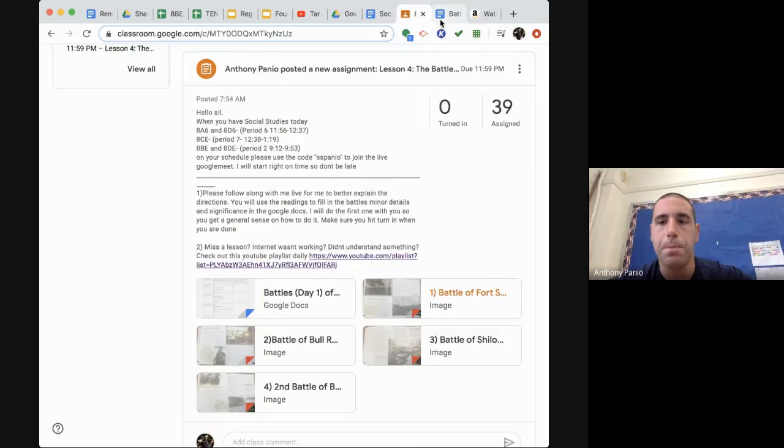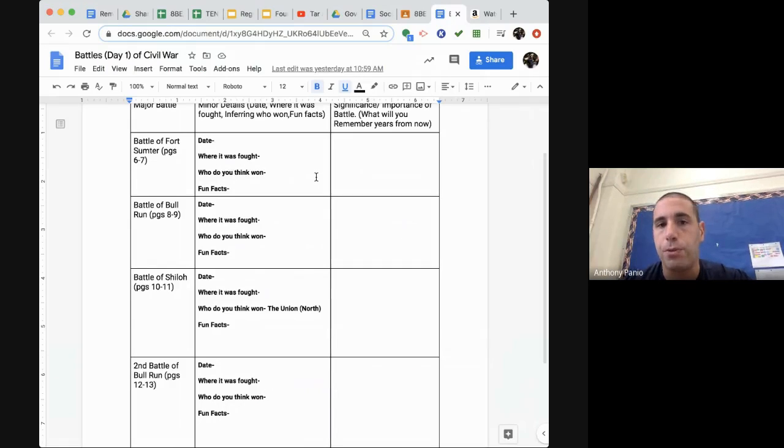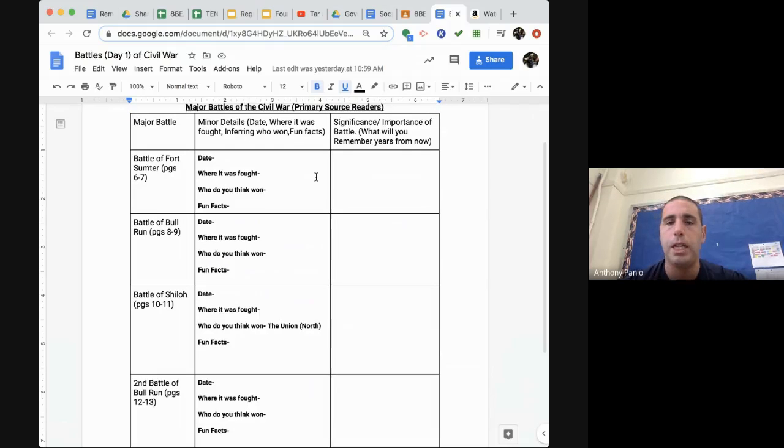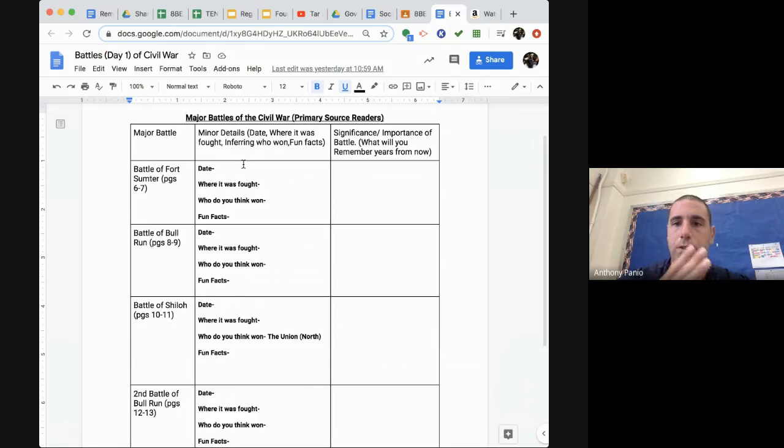All right, so let's take a look at the Battle of Fort Sumter. What we need to figure out are 4 minor details and then the significance or importance of the battle. I'll talk about both ways how to do it, but I want to say this: everything in the left box, or this middle box, can be found in the reading.